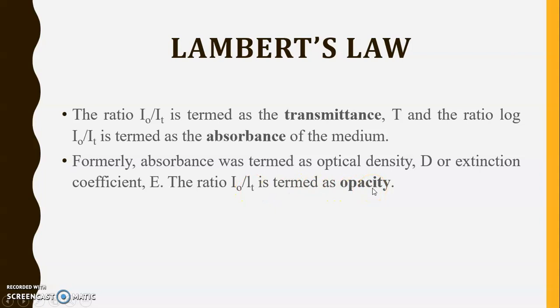But now the ratio It upon I0 is known as the transmittance, while the logarithm of I0 upon It is termed the absorbance. By combining this, we can write the equation for Lambert's law as A, the absorbance, equals log I0 upon It.